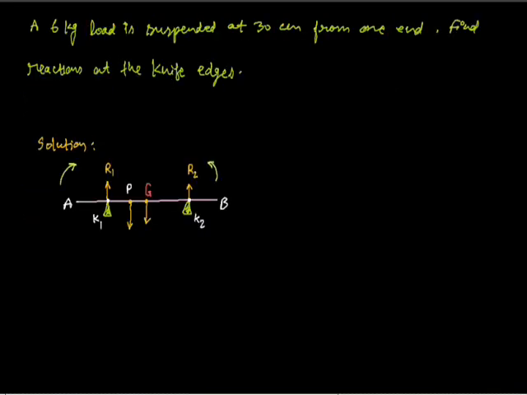Solution. See in the given figure, AB is the given rod which has the length 70 centimeter.